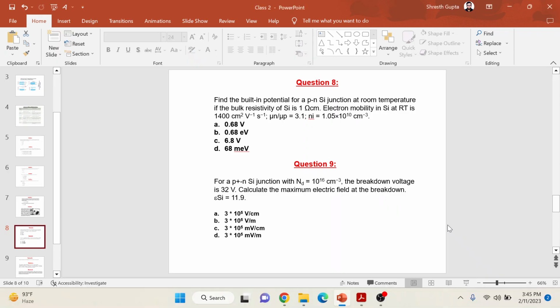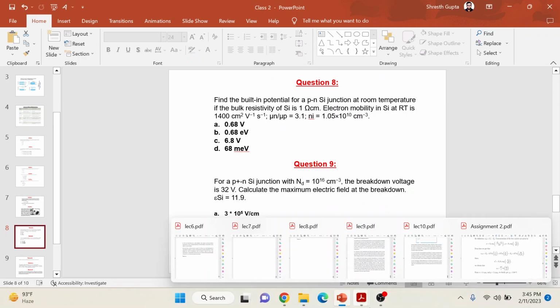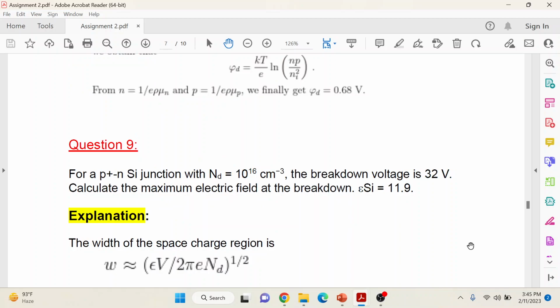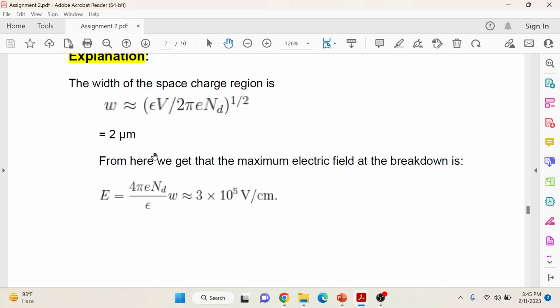Okay, so let me tell the answer now. The width of the space charge region is given by W is equal to (2 epsilon V over e Nd) raised to 1 by 2, and all of them have their nominal names, which were explained in the class by sir.